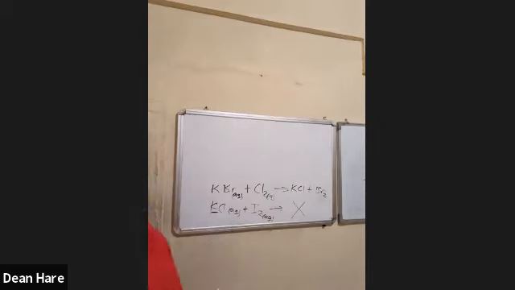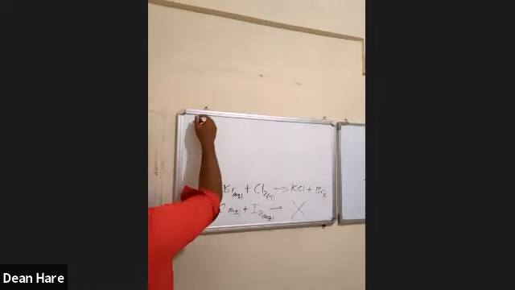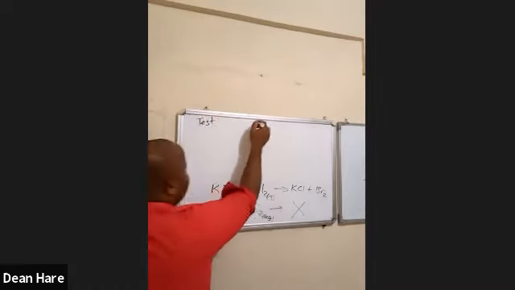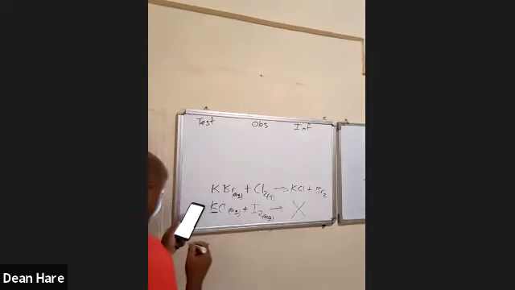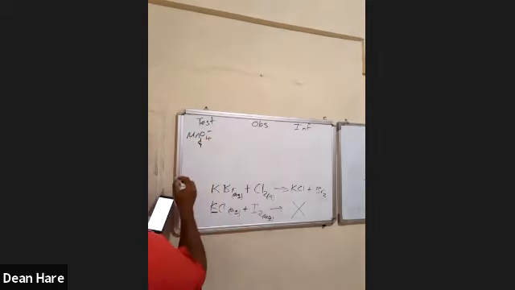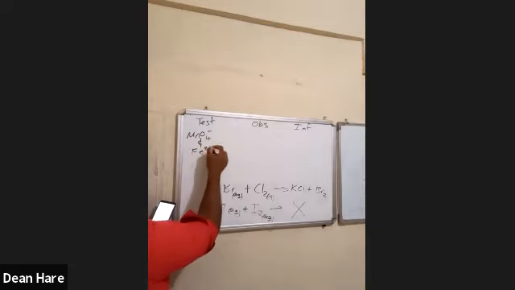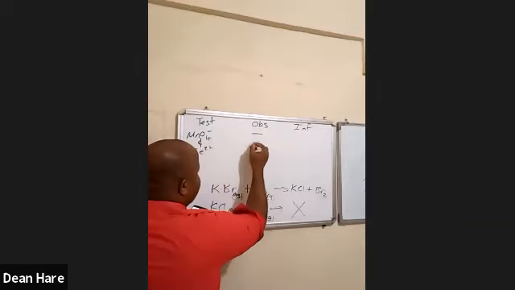In this table we have test, observation, and inference. The test is the permanganate ion reacting with Fe2 plus. The observation is empty, so we are supposed to fill that in.